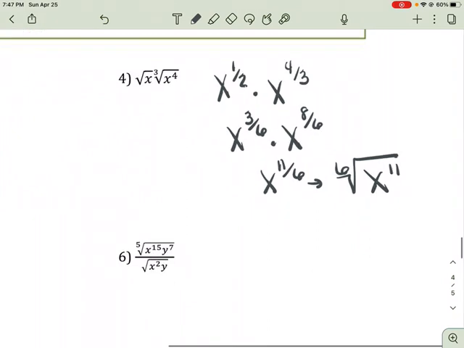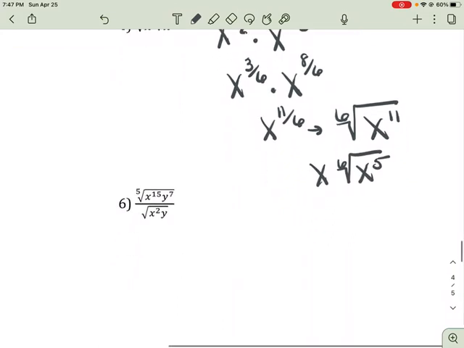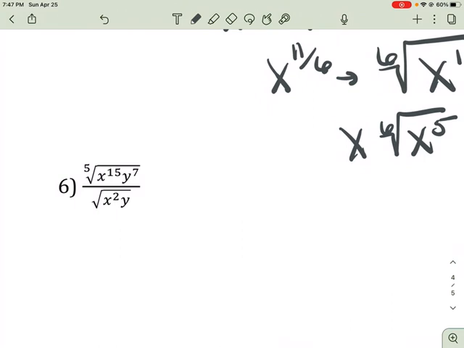Okay? Now we can simplify that to x and then the 6th root of x to the 5th. Okay? All right, let's do this one.